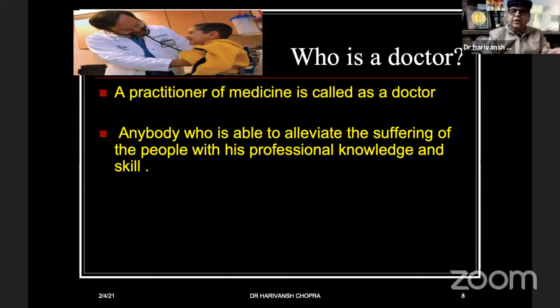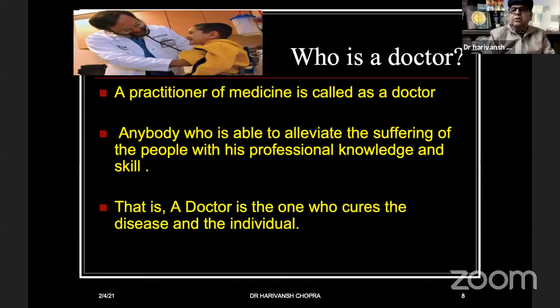The doctor is one who cures the disease and the individual. Curing the disease itself is not sufficient, and that is why a lot of people talk about the mind-body connection. So you will have to cure the individual in totality, right? So that is a doctor.